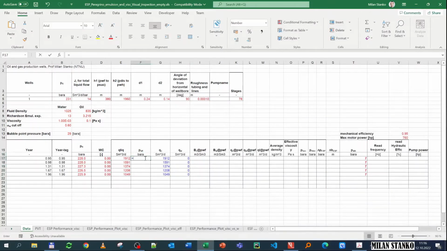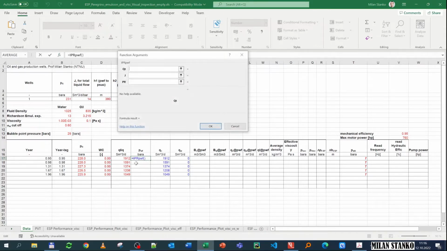So I believe I have an equation, PWF, that is giving me the pressure. This is simply a linear equation. Then I provide the total. This J is made for total liquid flow, so I should put the total liquid flow. The Q liquid at standard conditions, the J, and I block that J, and the reservoir pressure.